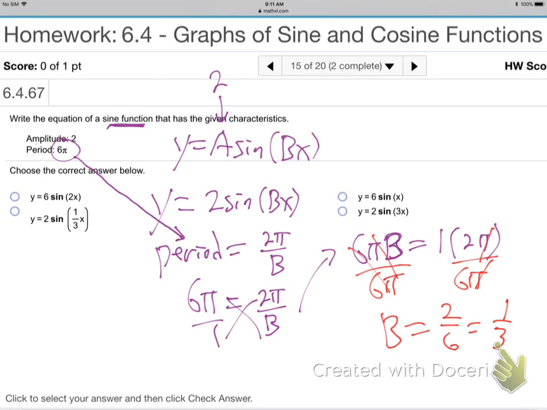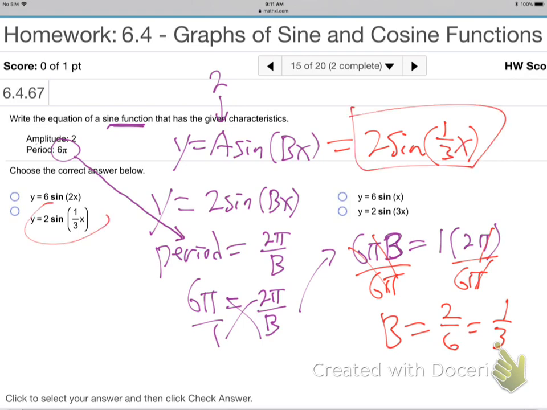So I was able to solve for b, and I'm done now. The formula is a, which is 2, sine bx, and b is now known to be 1/3. 2 sine 1/3 x, right there. So that makes sense, how I worked backwards from the amplitude and the period to the equation.